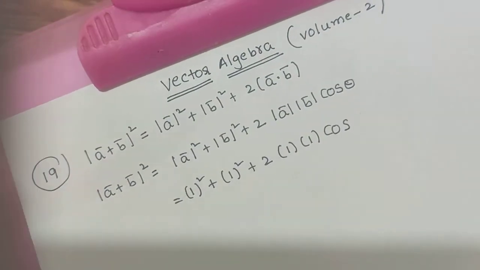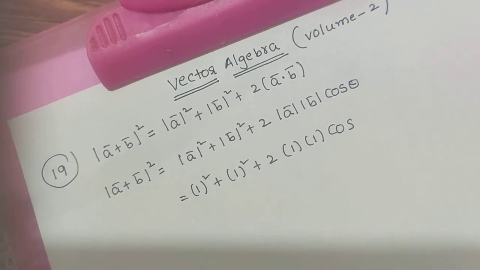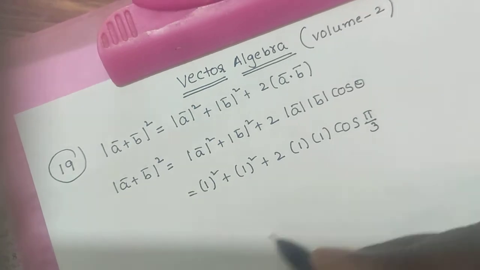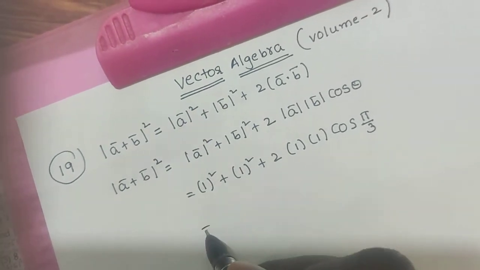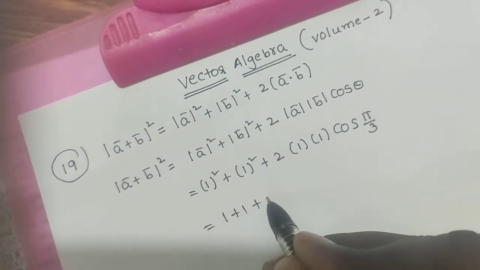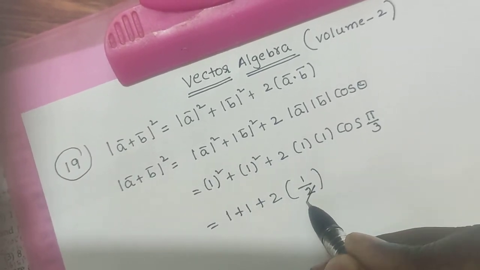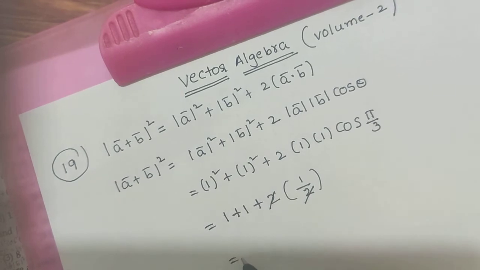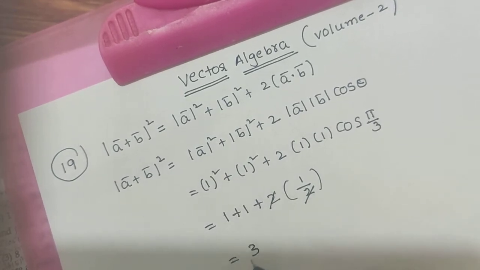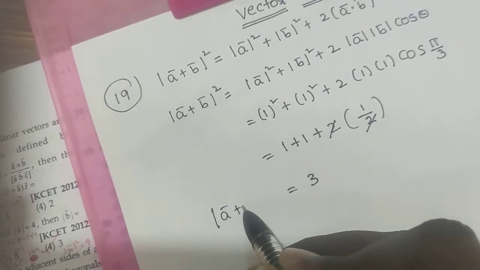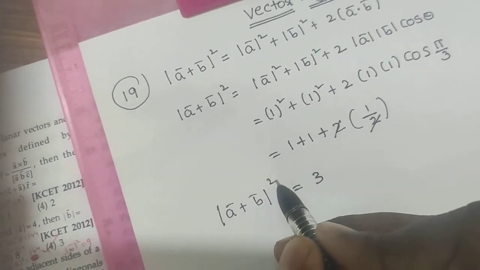Cos pi by 3, cos 60 value is 1 by 2, so 2 gets cancelled, then 1 plus 1 is 3. This is the answer for modulus of A bar plus B bar whole square.